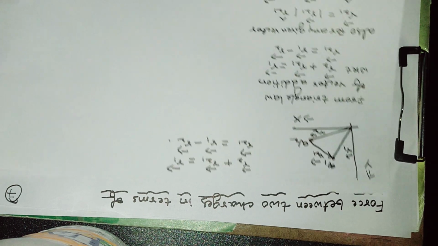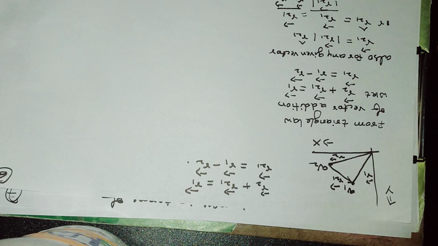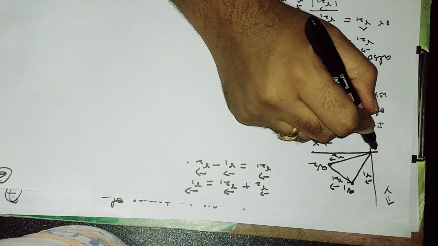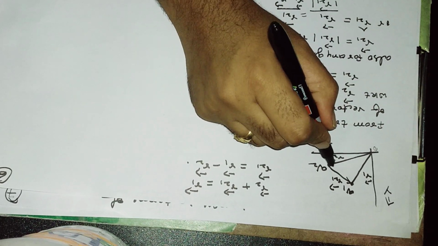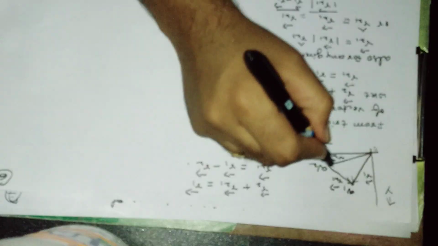If two vectors of the same kind are represented by the two sides of a triangle taken in an order, then the resultant is represented by the third side of the triangle taken in reverse order. So here this is the origin, this is one vector, vector r2, and this is another vector.